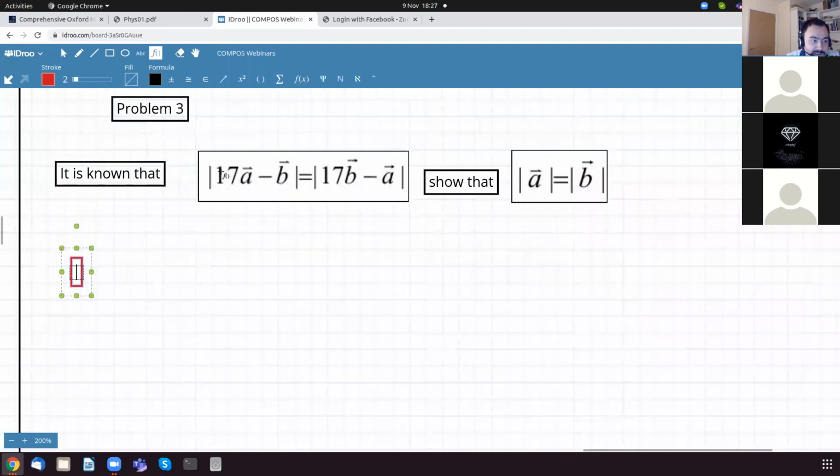So it is given that the modulus of 17a minus b is equal to the modulus of 17b minus a. Show that modulus a equals modulus b. Okay, so how to start?